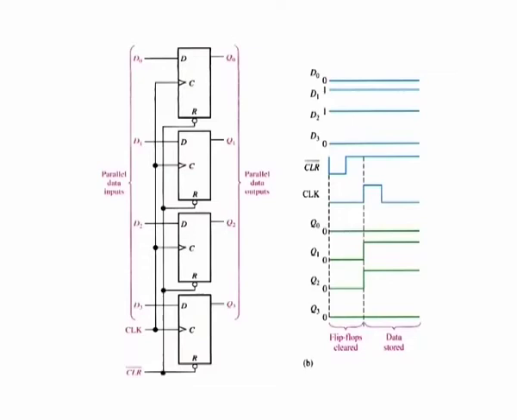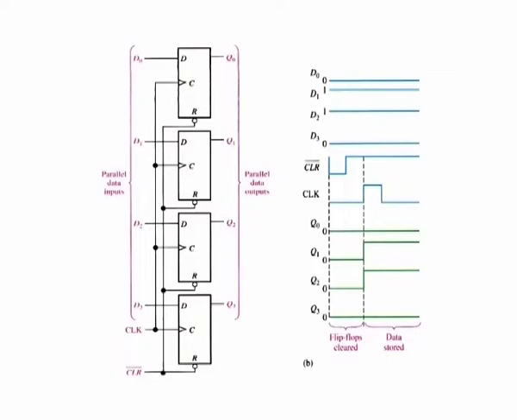In this example, positive edge triggered flip-flops are used, so the data on the D inputs are stored simultaneously by the flip-flops on the positive edge of the clock, as indicated in the timing diagram. Also, the asynchronous reset inputs are connected to a common clear line, which initially resets all the flip-flops.